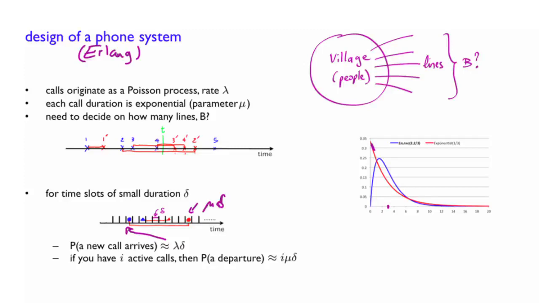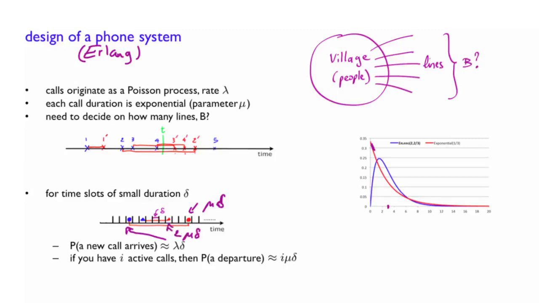What if you have I busy calls at the same time? Then the probability of having one call ending in a time slot of duration delta will be I mu delta. Like for example here, this one would correspond to 2 mu delta.